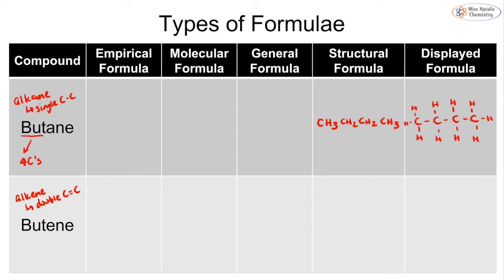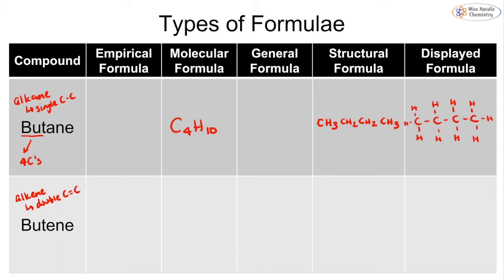So I'm not showing all the bonds this time, but I am still showing what each of my sections or little chunks are. I'm going to jump to the molecular formula, and that's simply where I just count up the number of carbons and the number of hydrogens. So this is C4H10.